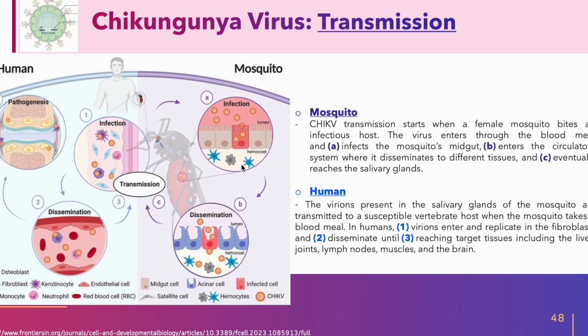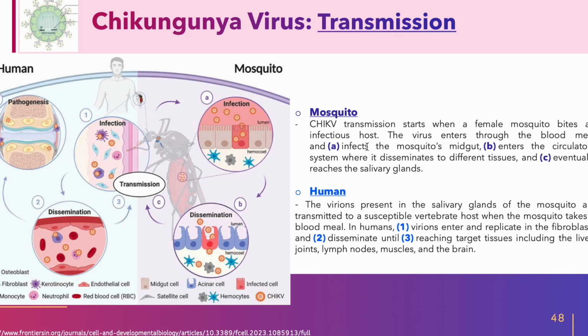Okay, this is the cycle of the virus inside the mosquito before it infects the human. So the mosquito bites an infectious host, and then the mosquito gets infected.